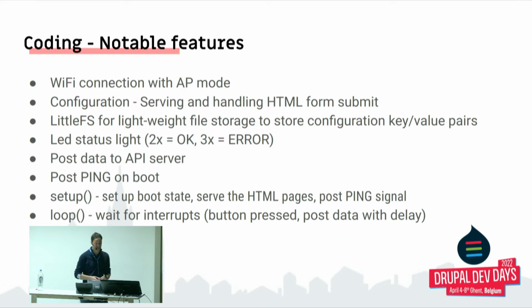So we need to serve some HTML form and show it to the user. Otherwise, you would need to connect every device, put the ID, and pretty much hard code it in. But because you have configuration, you have LittleFS, which is a lightweight file storage to store the configuration. You can do it without actually hard coding your configuration on every specific device.